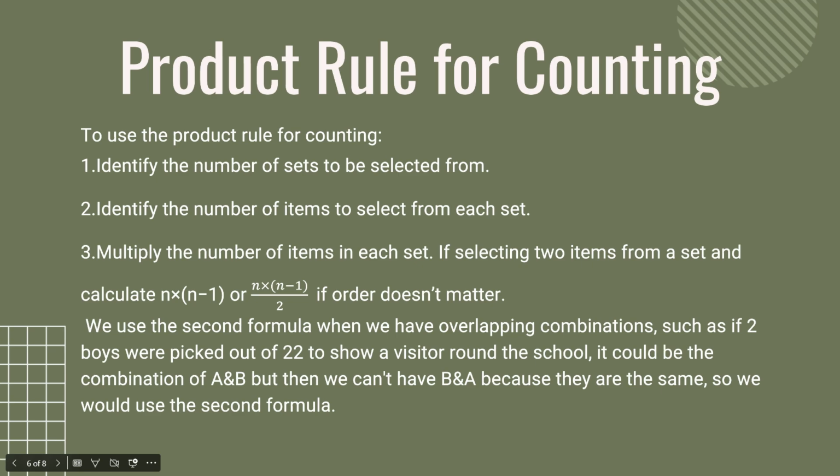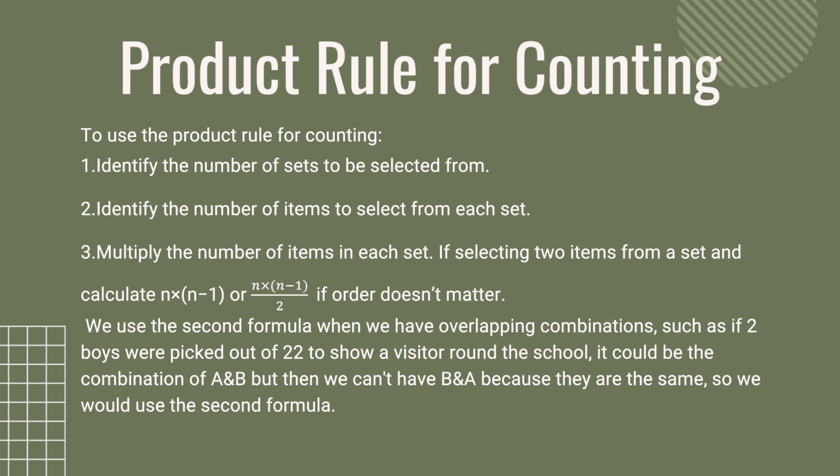Now, if you're a little stuck on how to actually use the product rule of counting, follow these 3 steps. First, identify the number of sets to be selected from. 2, identify the number of items to select from each set. Then 3, multiply the number of items in each set. If selecting 2 items from a set, calculate with n times n minus 1, or n times n minus 1 all over 2 if the order doesn't matter.